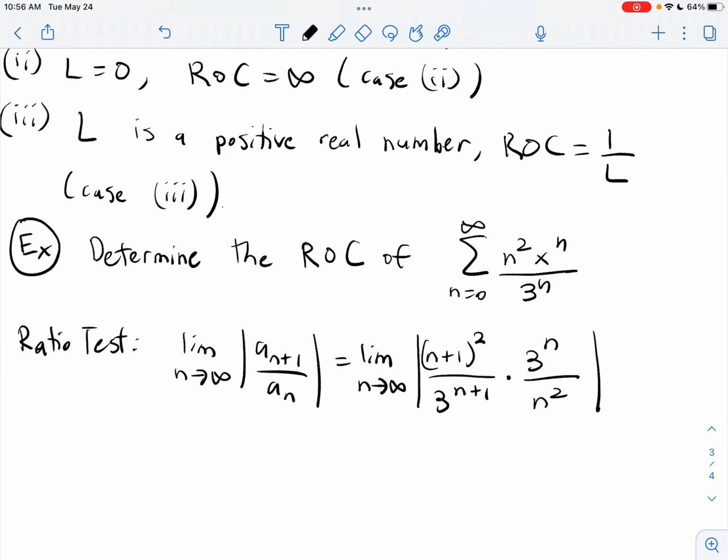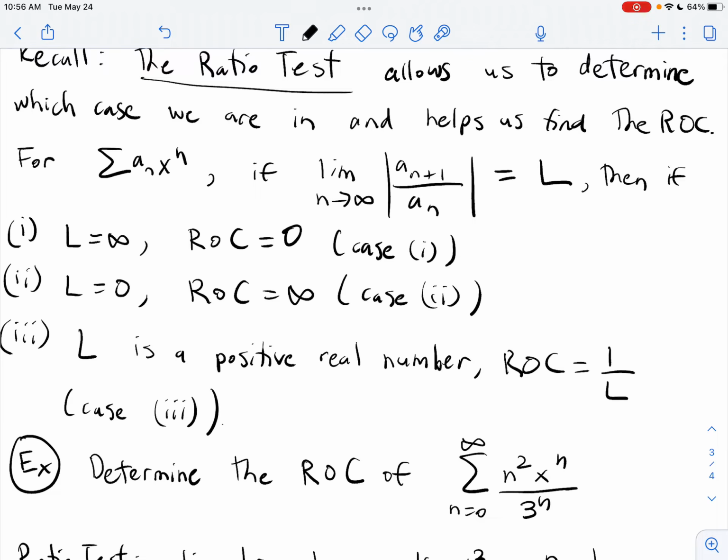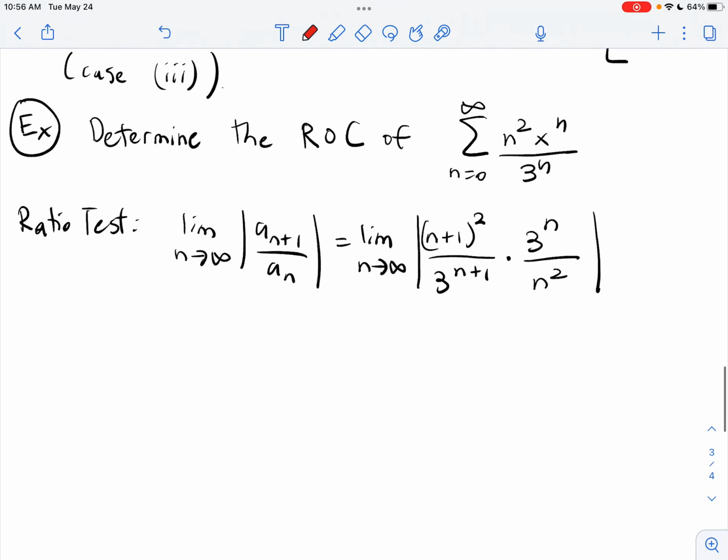And you may wonder what happened to the x's. Well, in this class, if you look back here, you'll notice that the a n's do not include them. a n is just the coefficient in front of the x to the n, and so that means this part is not going to have any x's in it, okay? Okay, so what is this equal to? Well, I'm going to do some cancellation here.